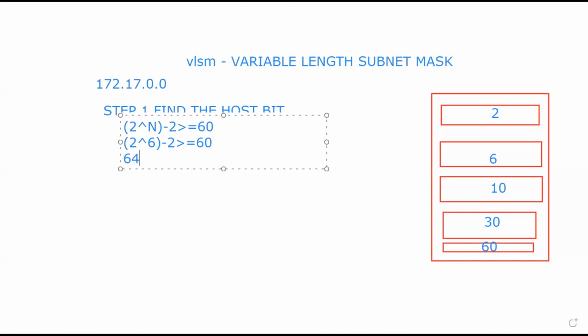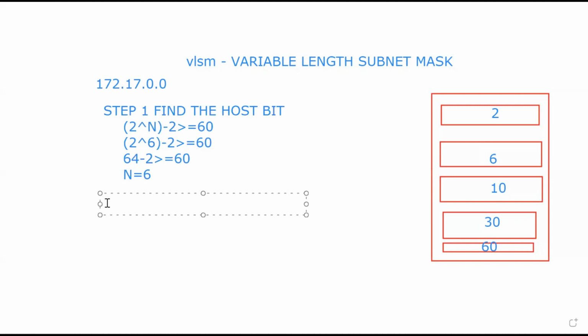So 64 subtract 2 is greater than or equal to 60, right? The value of n is 6.